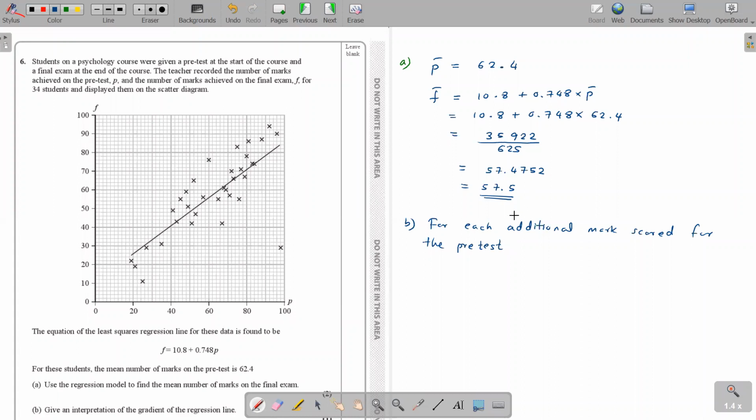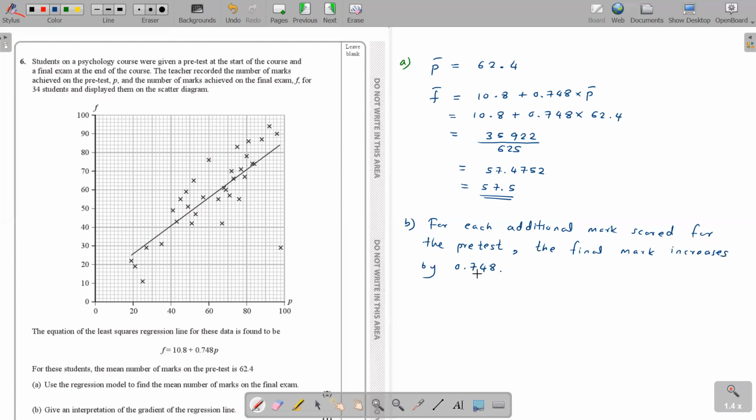Your y increases by the gradient. Who is your y? The final mark. The final mark increases by the gradient. Who is the gradient? 0.748. Okay, so this is it.